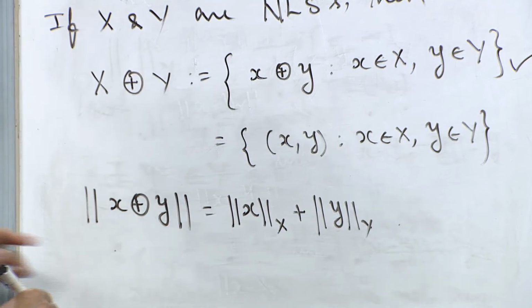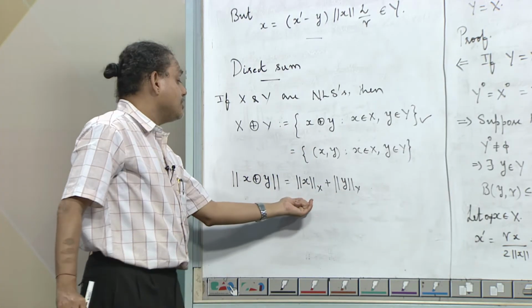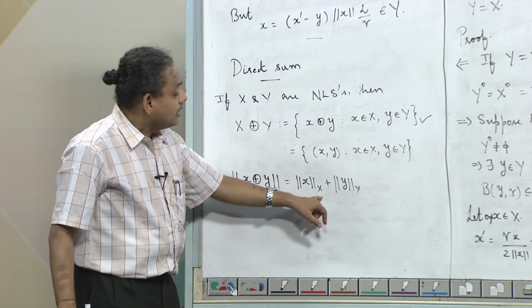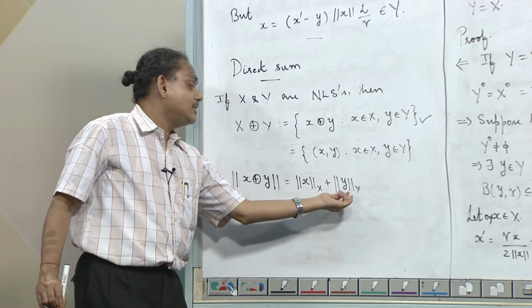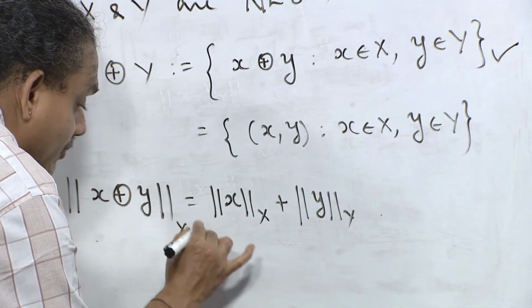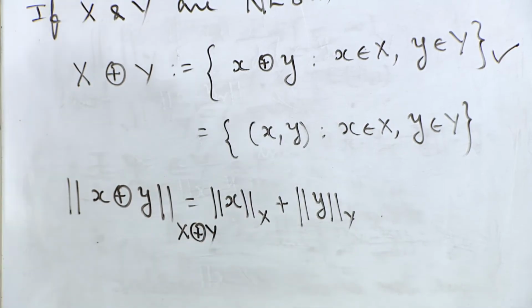Well, why am I writing it as x and y? To distinguish that the norm that you write here is the norm on x, and the norm that you write here is the norm on y. So, this is the norm on the direct sum.